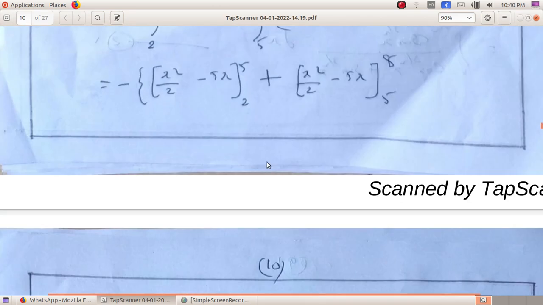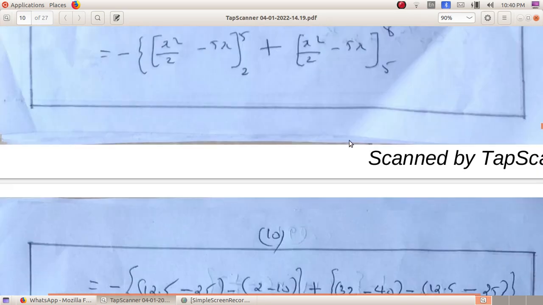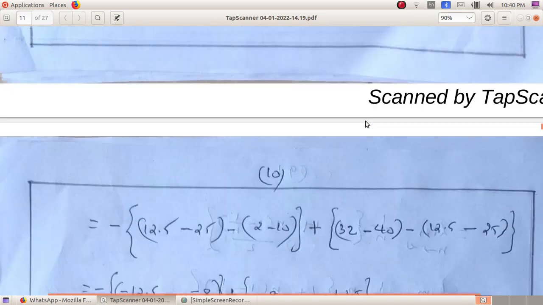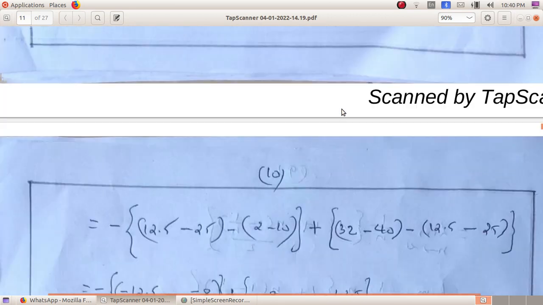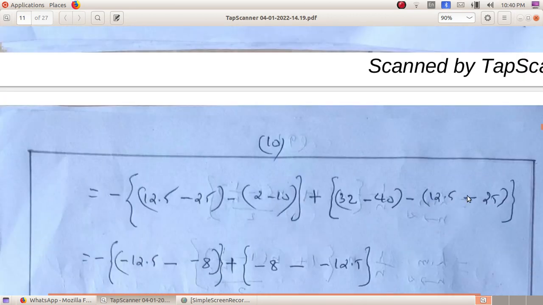And similarly, 8 for x: 8 square by 2, 64 by 2, 32, minus 5 into 8, 40. Minus 5 for x: 25 by 2, 12.5 minus 25. So minus 12.5 minus 25 means minus 12.5.